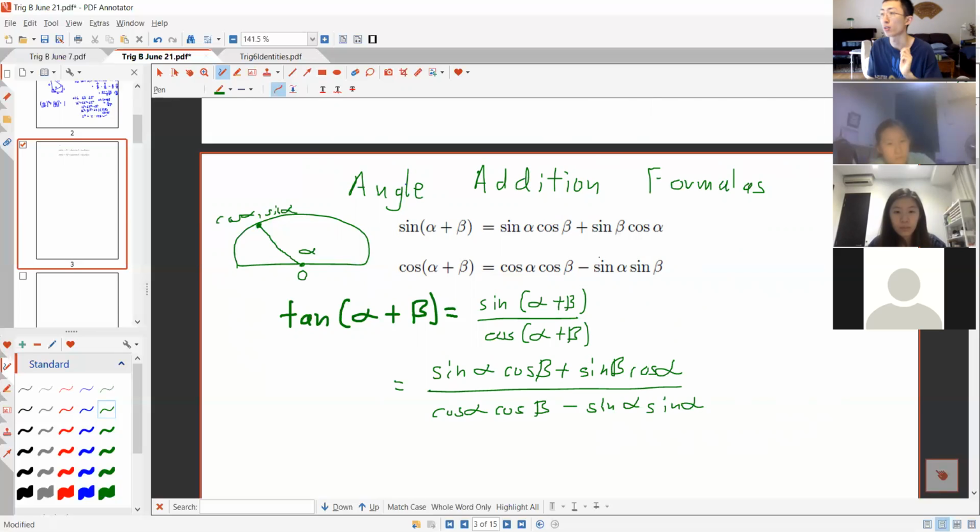Okay, so it turns out that the tangent addition formula is actually in terms of tangents. It looks like this.